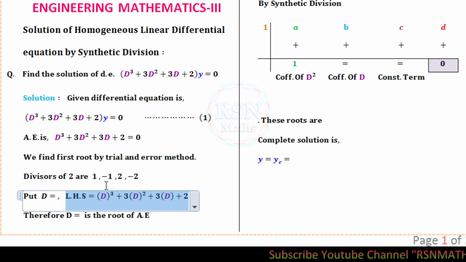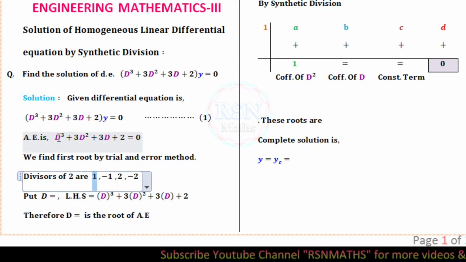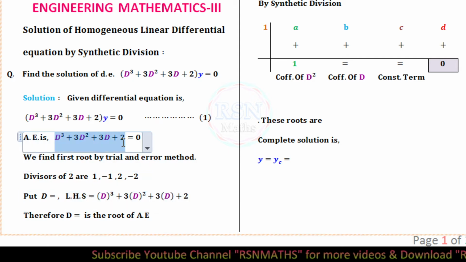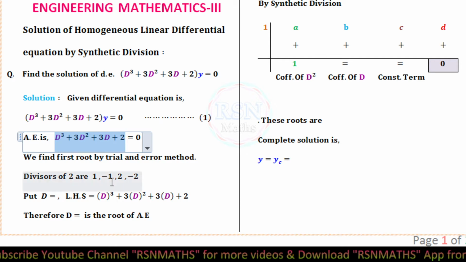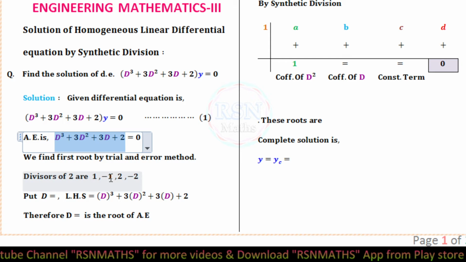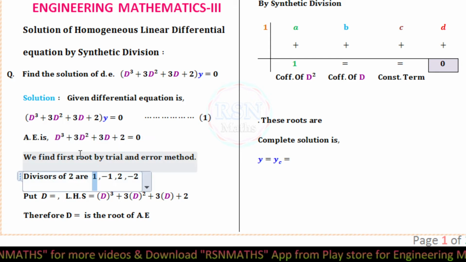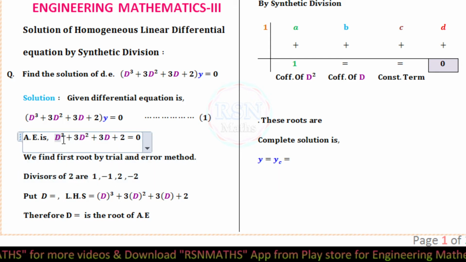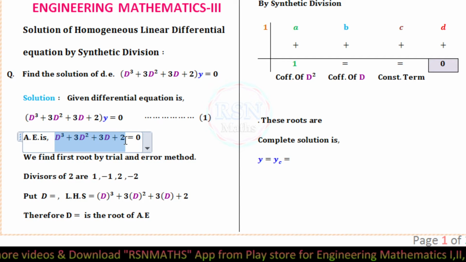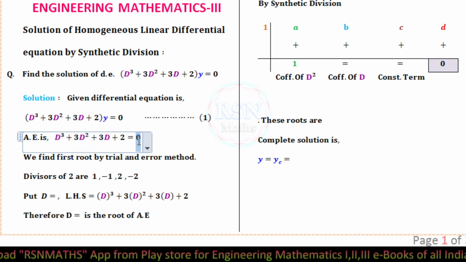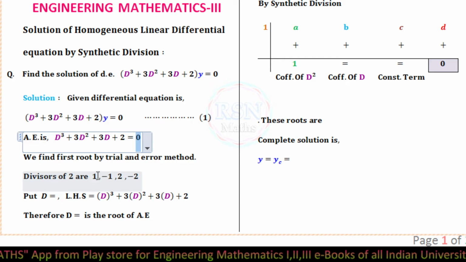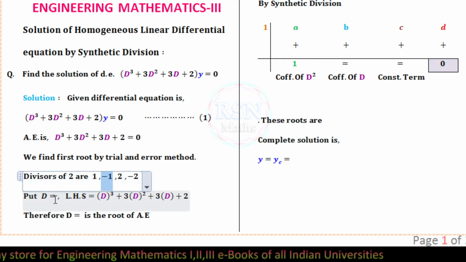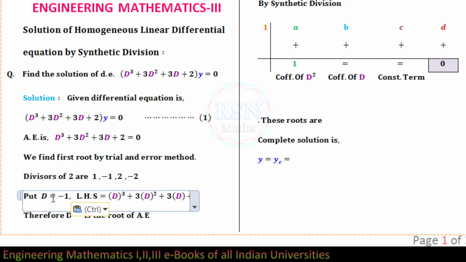Now for D equal to 1, if you observe this equation, all terms are positive, so don't try to use a positive value of D, because if we use a positive value then all terms are positive, and we can't get this equal to 0. So try to take negative values of D. So here we are taking D equal to -1.